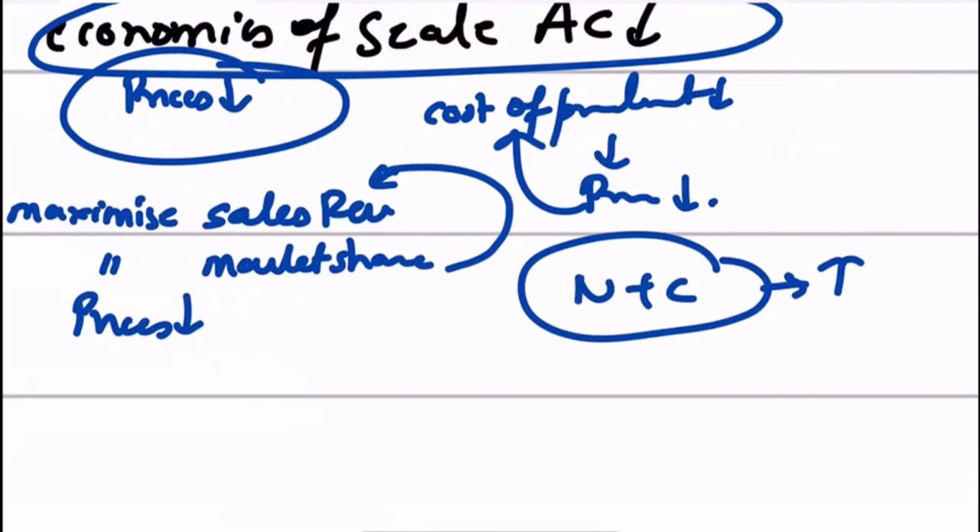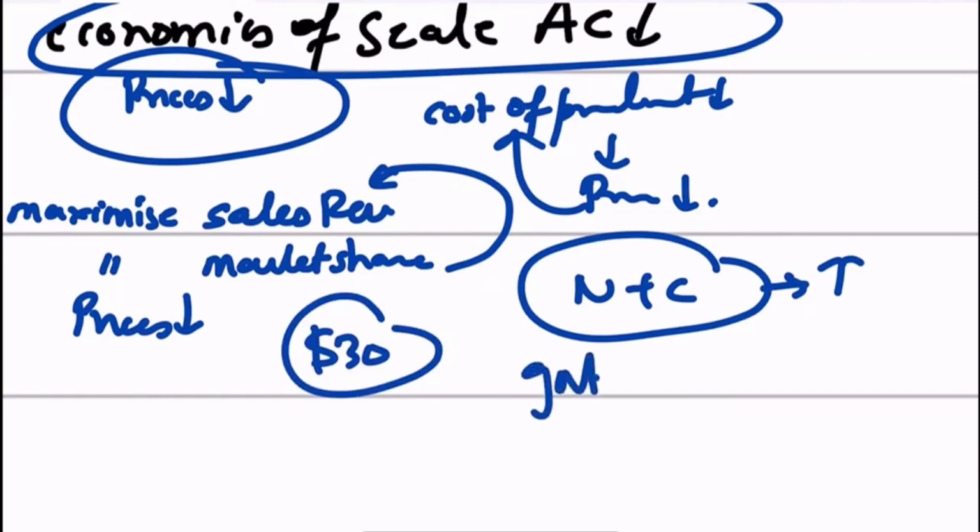Maybe the government of Pakistan says that the monthly fee charged by colleges will not be more than maybe $30. It's a hypothetical example that I'm giving, that the government may intervene as well, right?